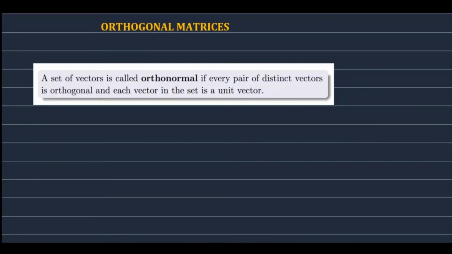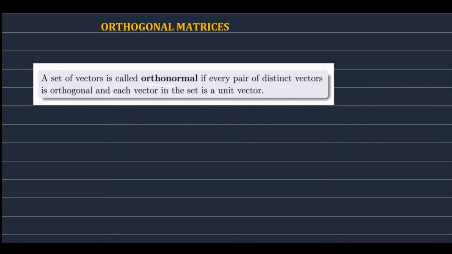Orthogonal matrices. First we will see the definition of orthonormal vectors. A set of vectors is called orthonormal if every pair of distinct vectors is orthogonal and each vector in the set is a unit vector.